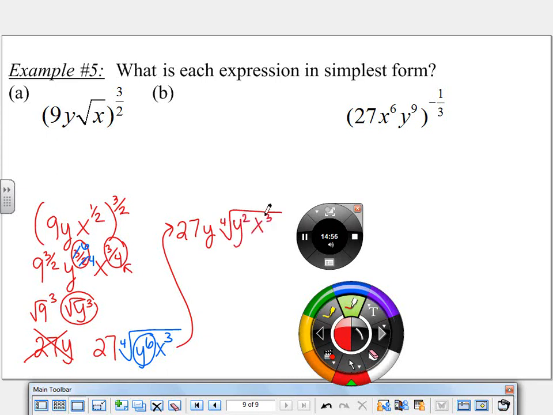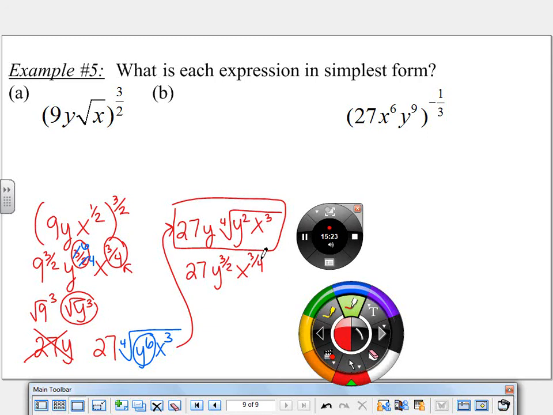And I'm not going to simplify the y squared even though the fourth index and the squared power might help reduce, because I want the y and x in the same radical. So that's how we would simplify that. Okay? In exponential form, the simplest way to write this would be 27 times y to the 3/2 power and x to the 3/4 power.